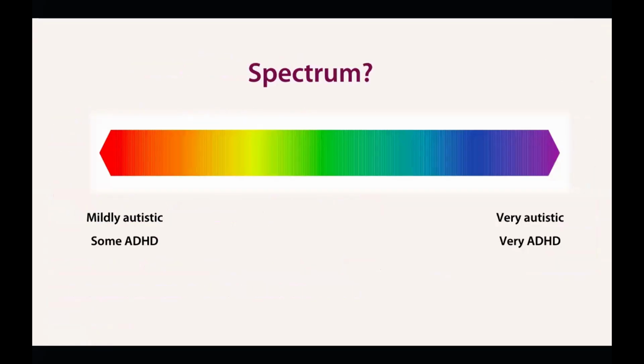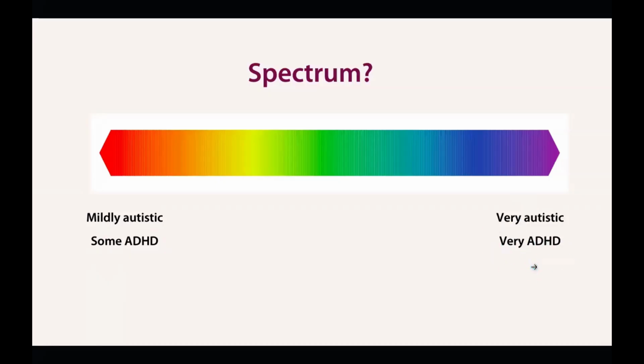And often we're using the term spectrum for things, autism spectrum conditions. And it's often thought by people out in society, people in the world, that this is some kind of linear spectrum where perhaps you might be mildly autistic on one end of the spectrum and very autistic on the other. You might have some ADHD traits on one side and you might be very ADHD or have lots of traits on the other side.